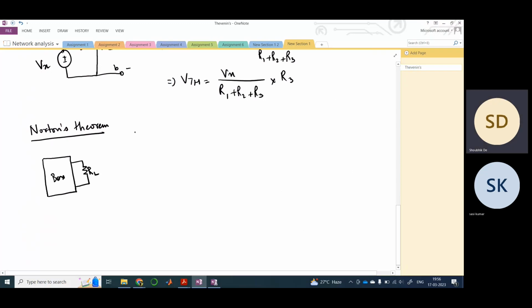Now to calculate the current which is flowing through this, you need to first calculate the Norton's current, or we also call it the short circuit current. This is the first criteria, and then the second criteria. It is also represented as ISC because it is short circuit.